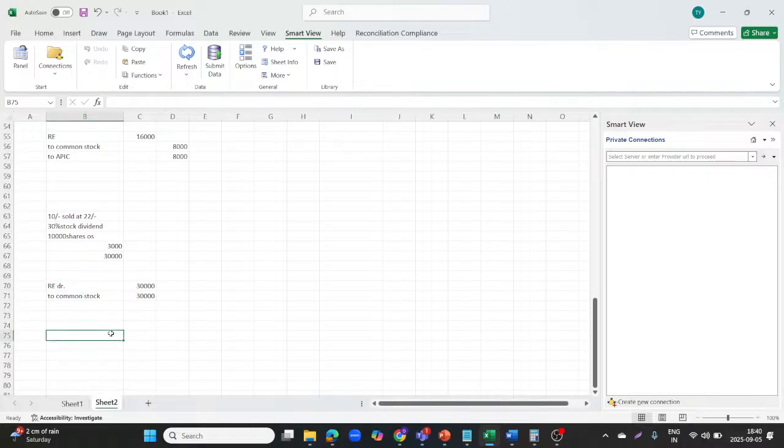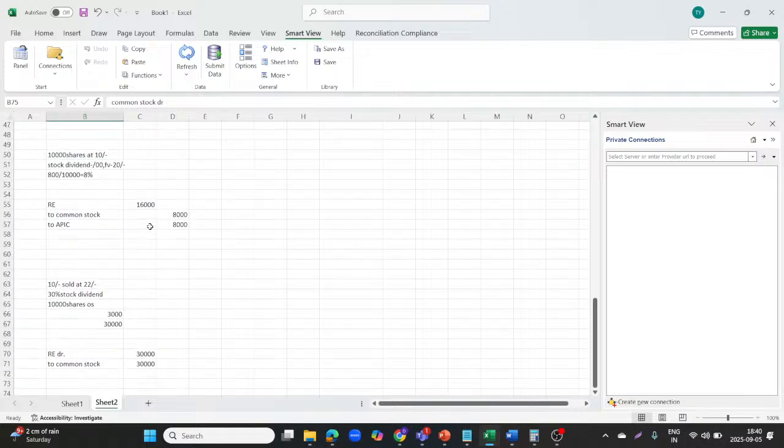Now if you are distributing the stock dividend, common stock will be debited, earlier it was credited, so it will be debited with 30,000 to capital stock account credit with 30,000. So this is your large stock dividend, greater than 20-25%, and the earlier one is your small stock dividend, less than 20-25%.